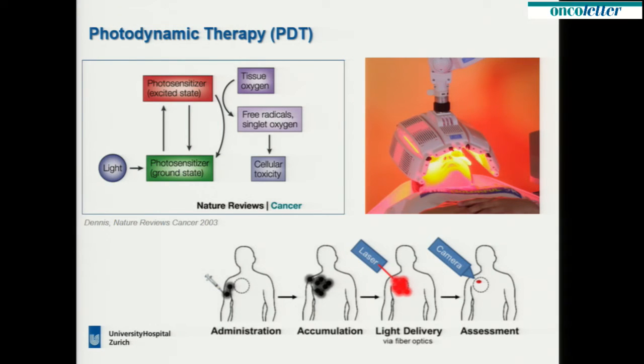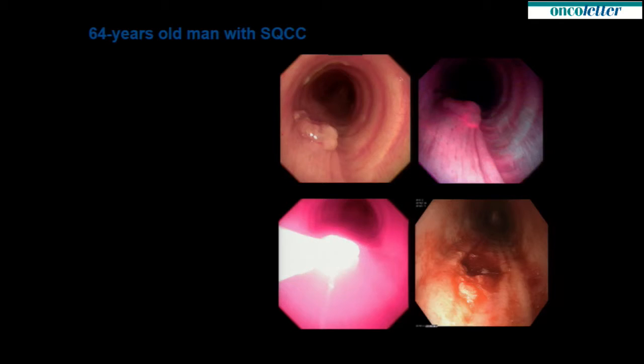Then this photosensitizer is accumulating in the tumor tissue. Then you radiate the tumor with a laser, with a light, and then the tumor is producing free radicals, and these free radicals do have a very local cellular toxicity, which can then be assessed by bronchoscopy.